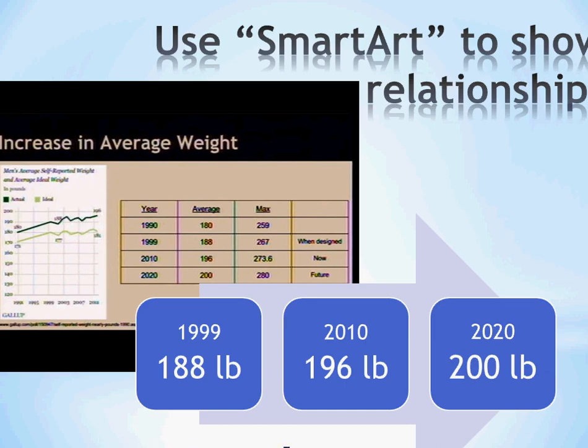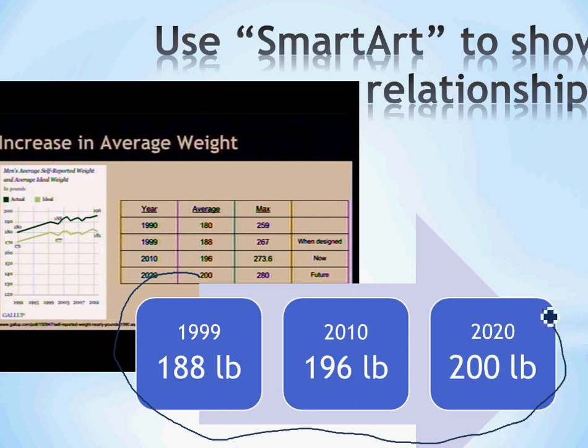Another way to show information on your slides is to do tables and text, and I mean text in a small way. So you've got a graph here and a table, but this table actually gets a little bit busy, a little bit hard to read. So if it was me, I might want to just do this thing, and this is maybe a little hard to see.